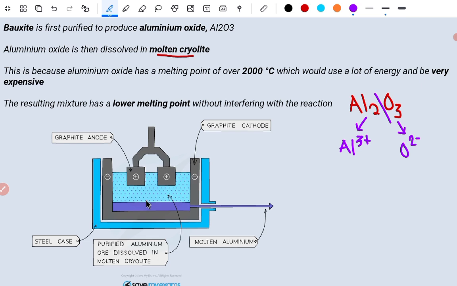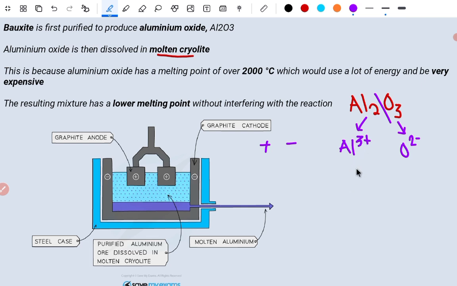So since this is positively charged, it's going to get attracted to the negative. Remember, when you have positive and negative, there's an attraction. So this negative cathode is going to attract the aluminium ions.